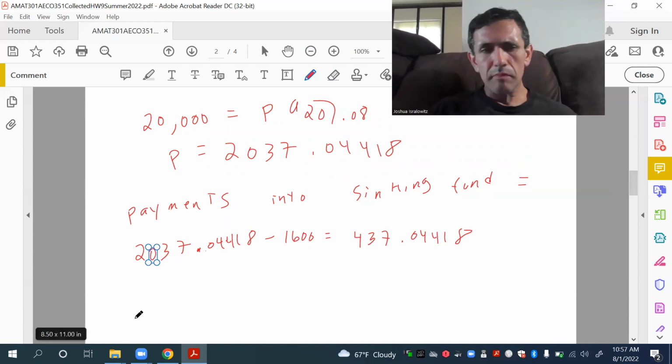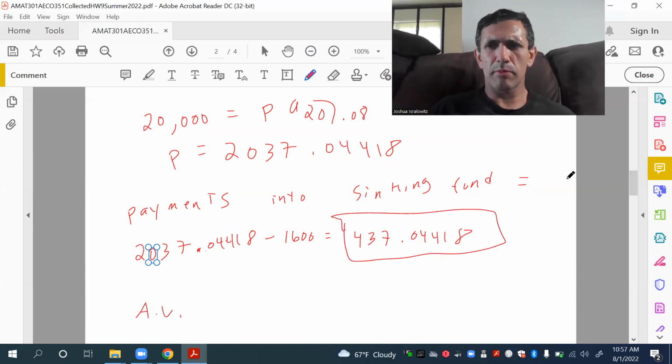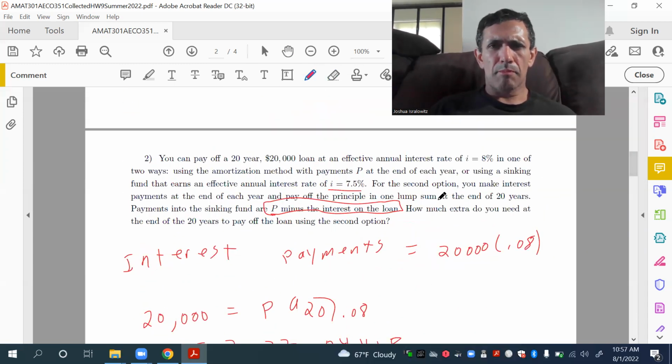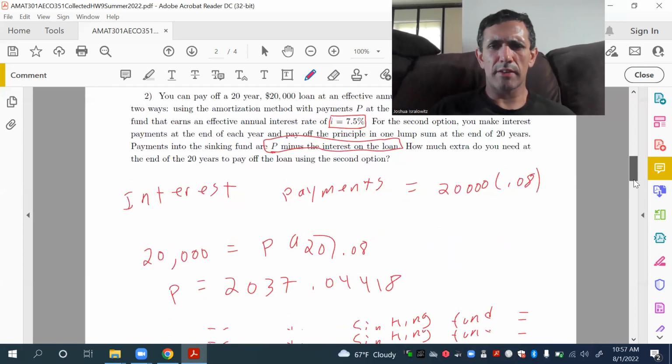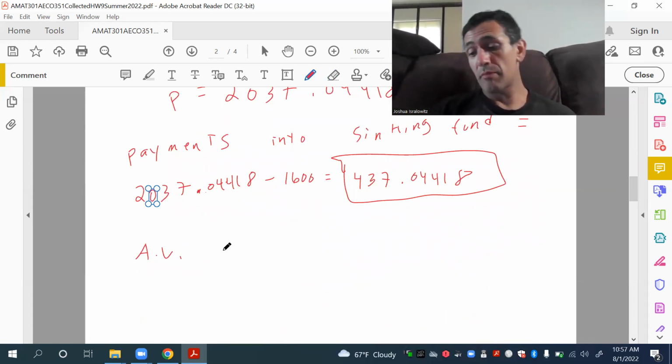Okay. So the accumulated value of these payments at 7.5%, remember, that's the point. You make payments of this 437.04 into an account earning 7.5%, and these payments are made at the end of each year. So again, really deposits.